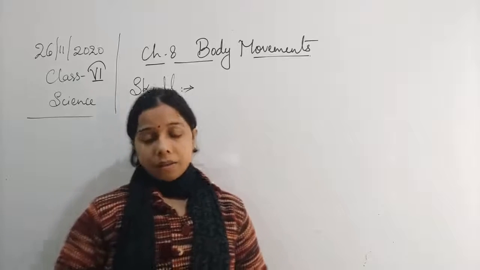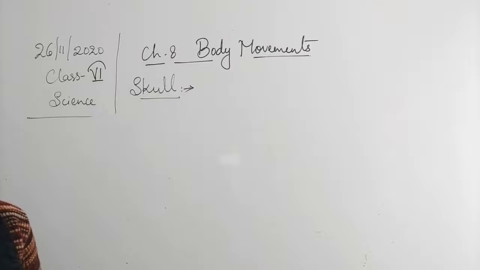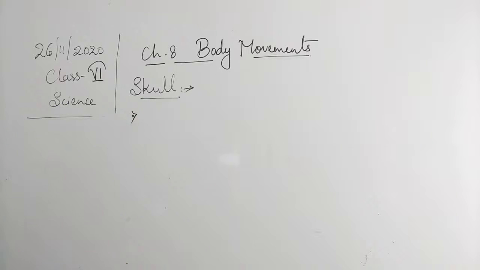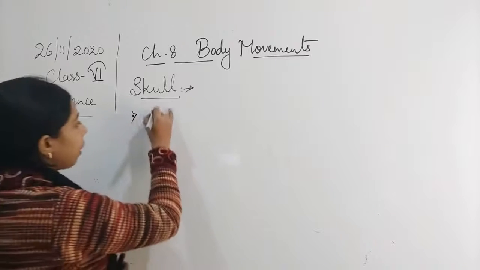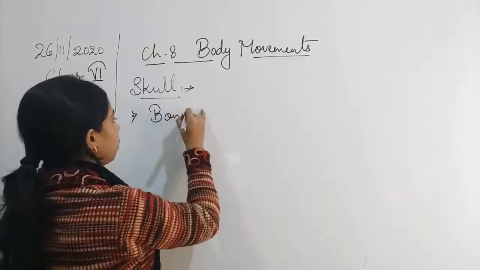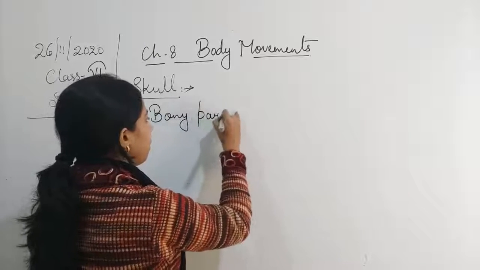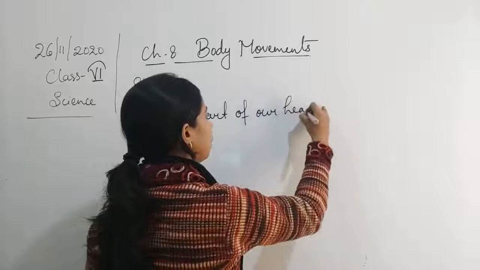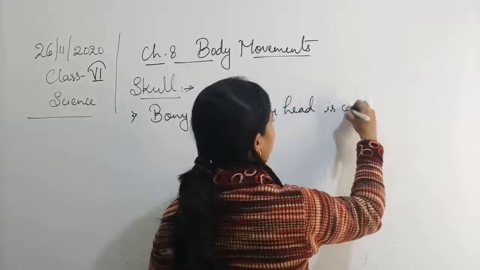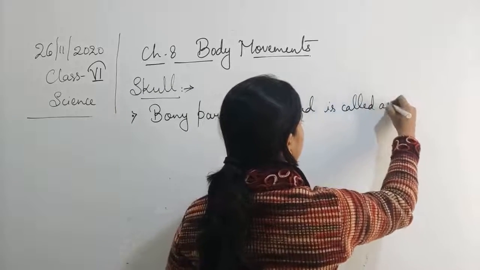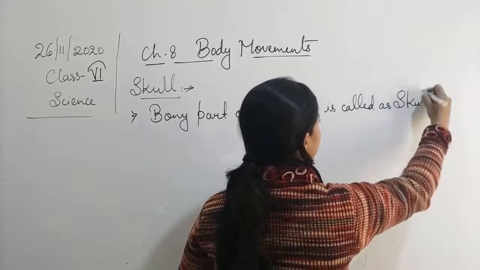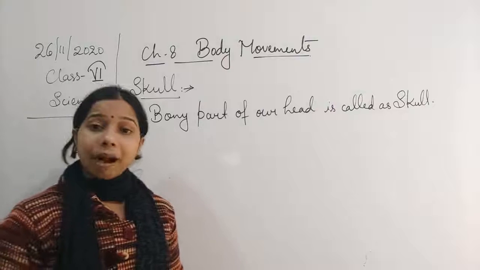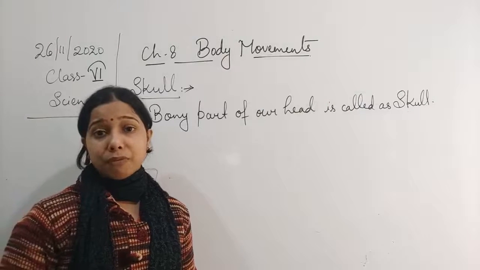Okay, so we can write it. The first point about the skull is that it is the bony part of our head. Bony part, student, means that part of the head which is made up of bones.